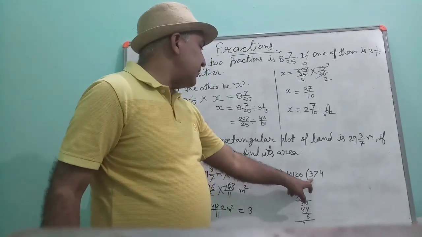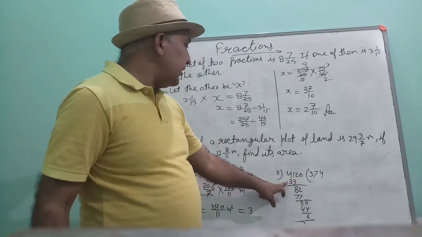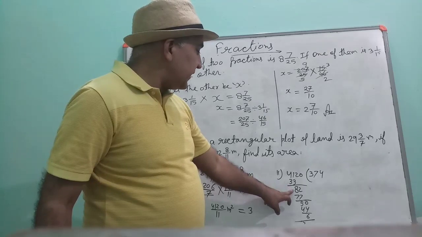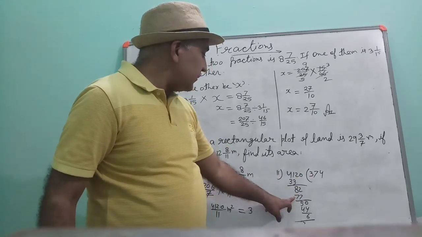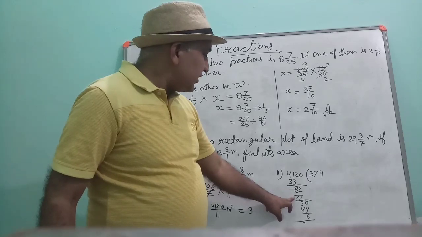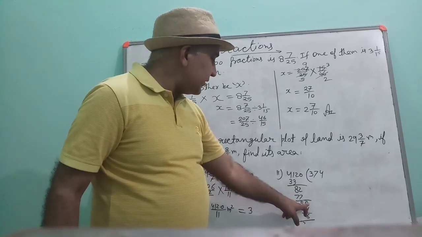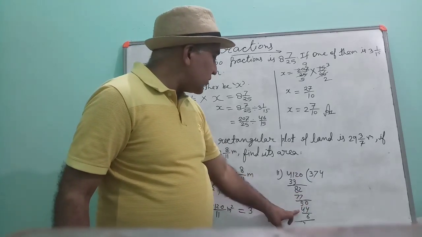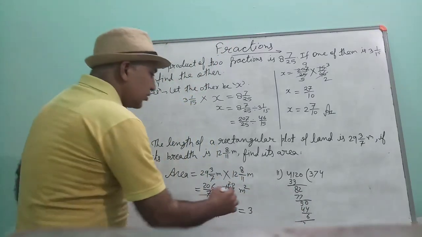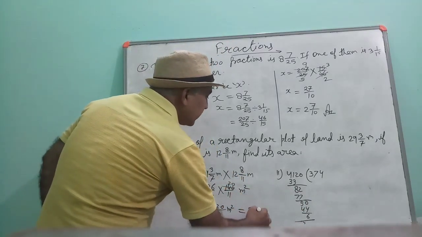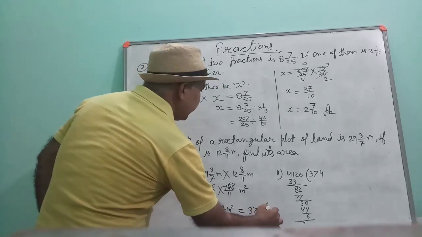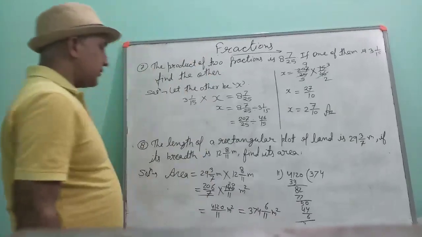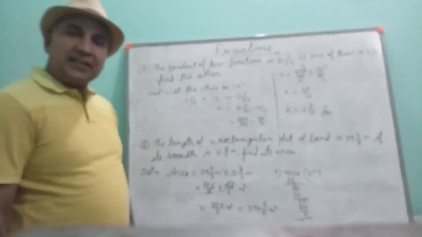So you will take 3 times. 11 into 3, 33. 41 minus 33, 8 is the remainder. 2 will come here. 11 into 7, 77. 82 minus 77 is 5. 0 will be written here. Now 11 into 4 is 44. 6 is the remainder. So you can write it 374 into 6 upon 11 meter square. This is the area of the rectangle.